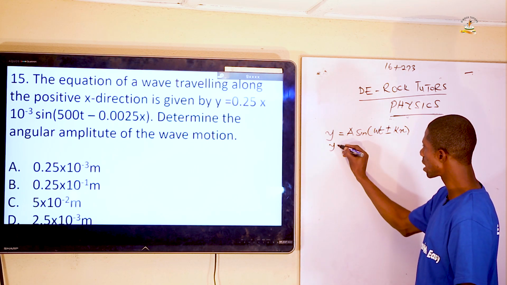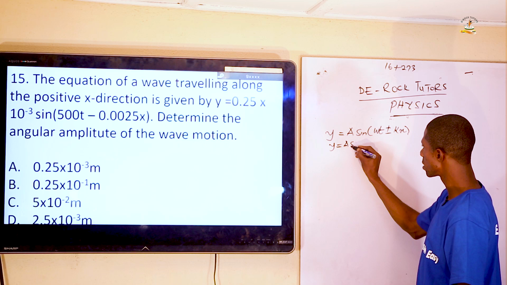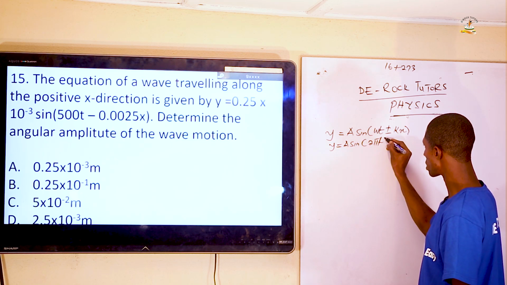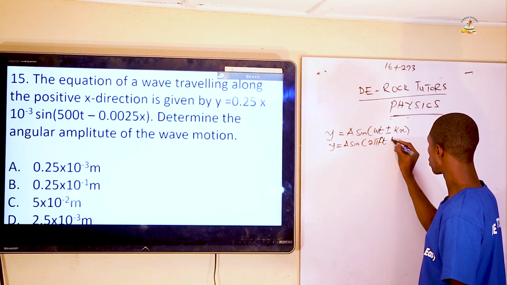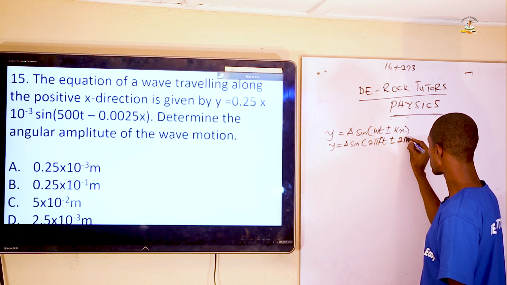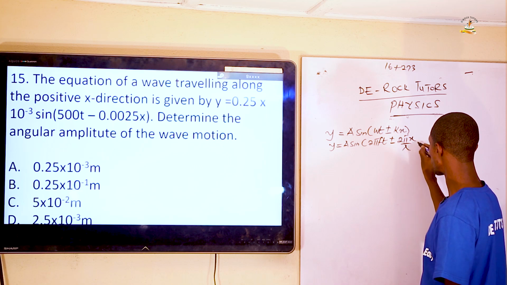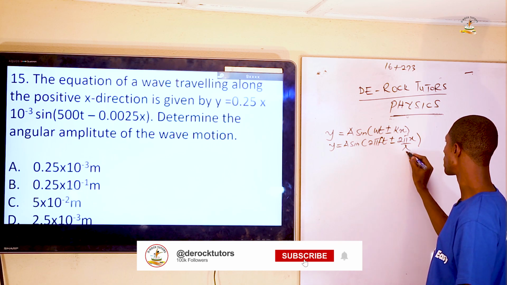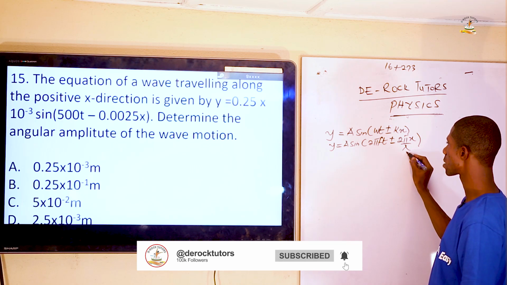And this can be further expanded into A sine of (2 pi f t plus or minus 2 pi x over lambda), where f stands for the frequency and lambda stands for the wavelength.